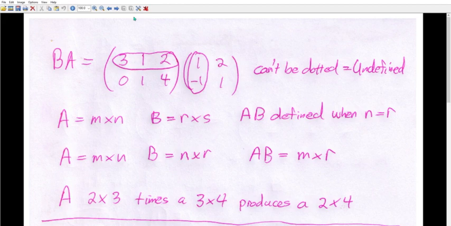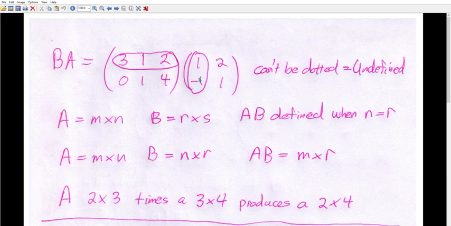Now let's consider the product B times A, where B is our 2 by 3 matrix and A is our 2 by 2 matrix. When we attempt to dot the first row of B with the first column of A, we see that's not possible because they don't have the same number of components.